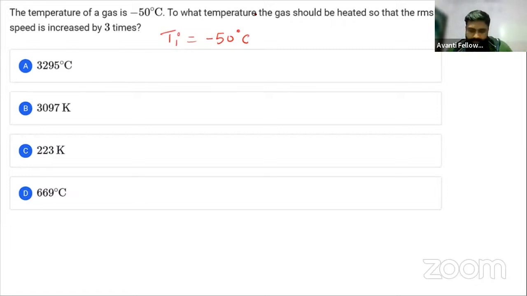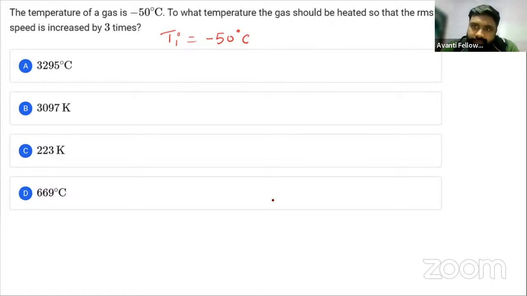Now we have derived the formulas for VRMS, V average, and VMP, which is the most probable speed. So we are going to use that same formula here, but not the exact one. We will try to compare, because we know that the speed increases with an increase in temperature.